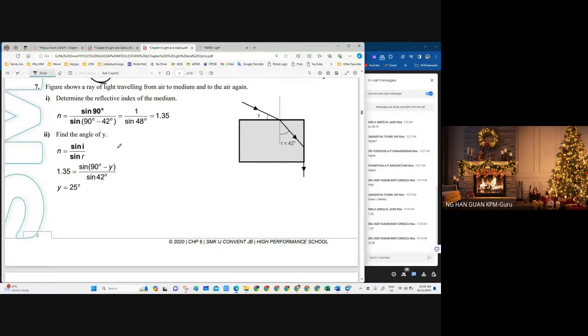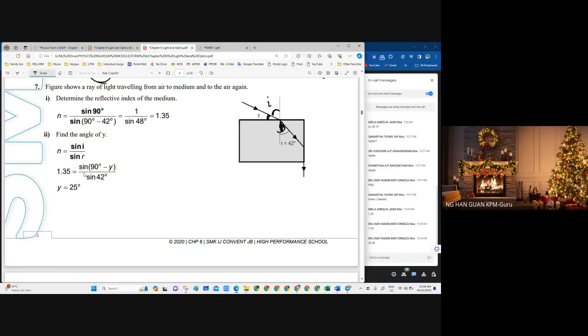After you know the refractive index 1.35, when you apply the formula, you get the incident angle first: sin I over sin 42 is equal to the refractive index 1.35. But Y is on the other side, so you have to use 90 degrees minus the angle I to get Y. So Y is 25 degrees.